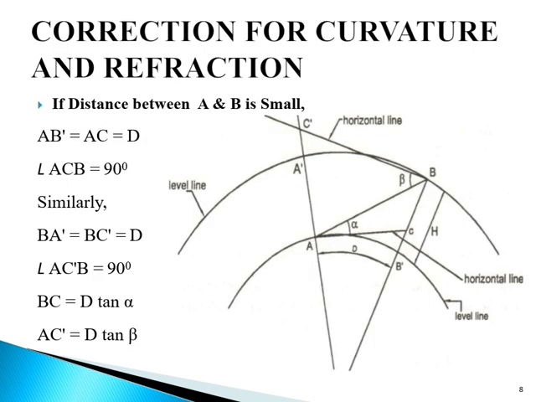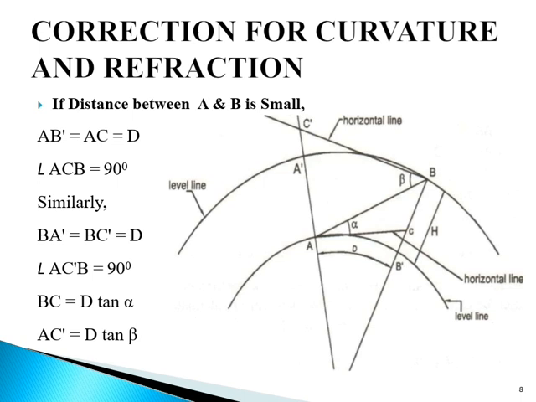So let us talk about correction for curvature and refraction. It is according to this arrangement, and this will be different according to the distance between A and B. So let us start with the case where the distance between A and B is small.